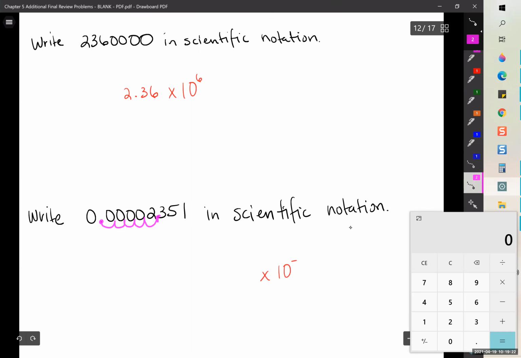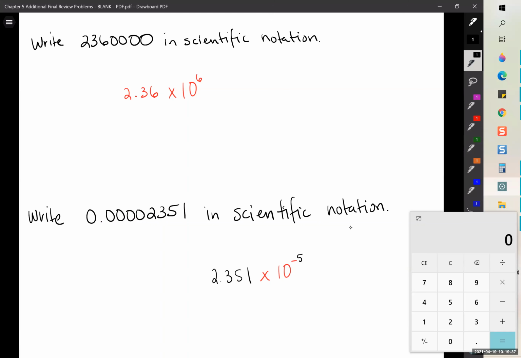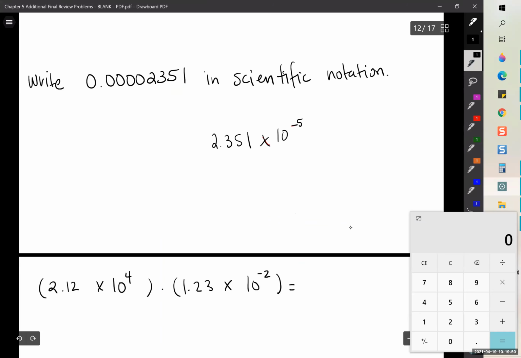So that was moving over 1, 2, 3, 4, 5 movements. So it's to the negative 5, 2.351 times 10 to the negative 5. Okay.